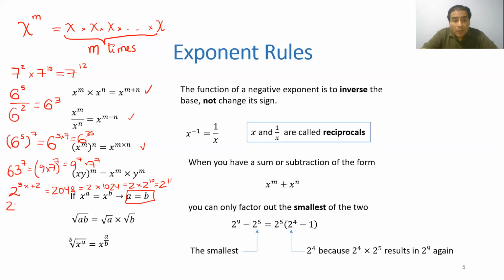So if 2 up to 3x plus 2 equals 2 up to 11, that means that 3x plus 2, the exponent on the left side, should be equal to the exponent on the second side of the equation. So if 3x plus 2 equals 11, then it follows that x must be 9, or sorry, 3. Yes, and then you solve out this variable.